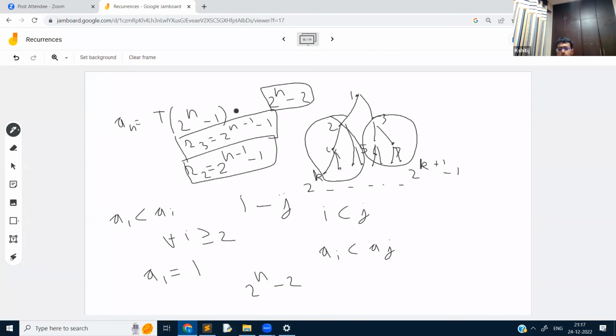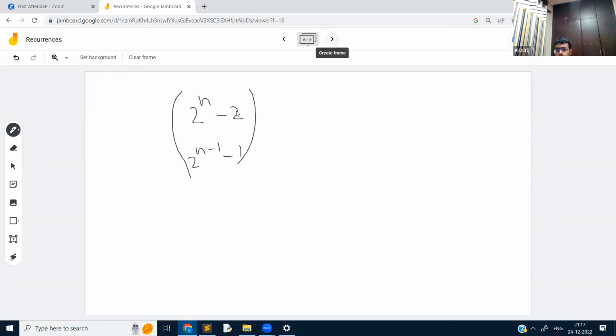And now notice that if I asked you to solve the problem not for a permutation, but for a set of n distinct numbers, then it's the same thing. The numbers get mapped to 1 to n by sorting them. So the number of ways of solving the left half is an minus 1, which is also equal to t n minus 1.